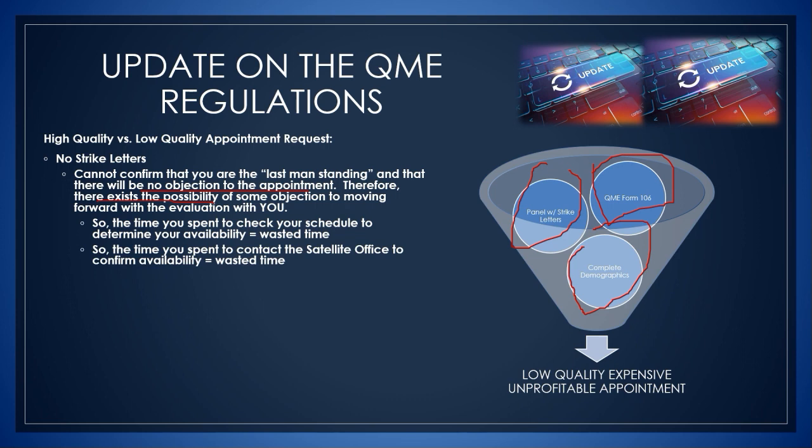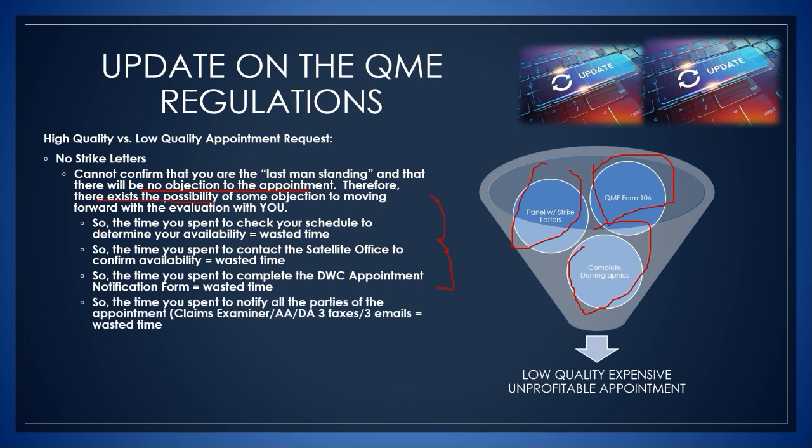The time you spend to contact the satellite office to confirm availability is wasted time. The time you spend to complete the DWC appointment notification form is wasted time. And if these things are handled for you by staff, this represents a loss of staff resources and a loss of opportunity cost also for you, your office, your clinic, what have you.